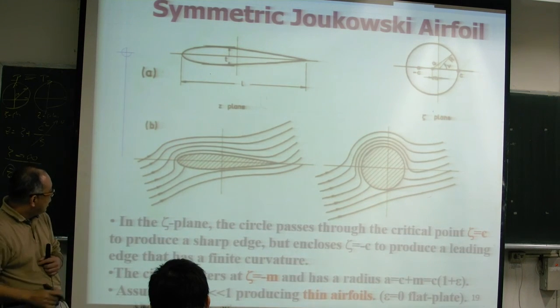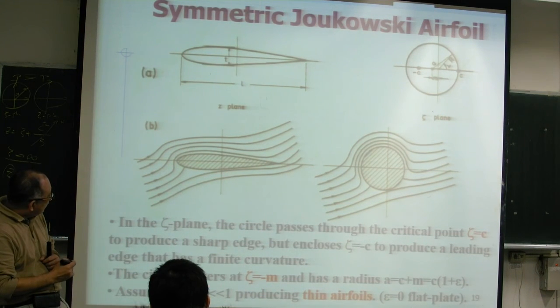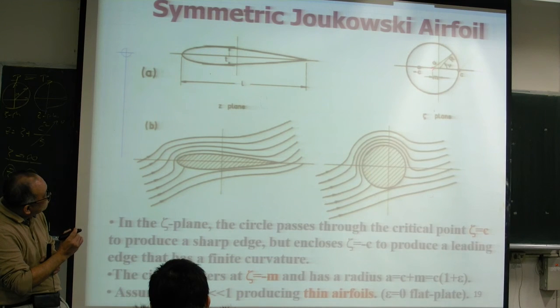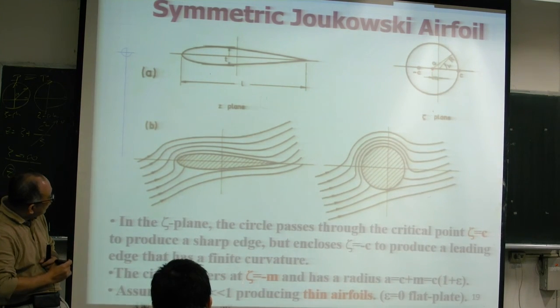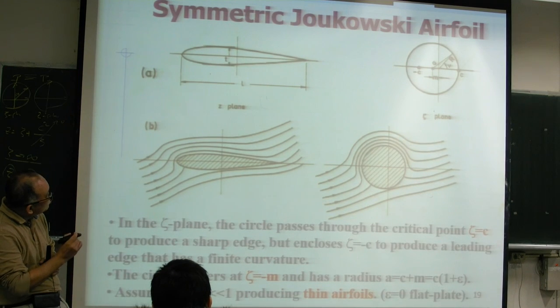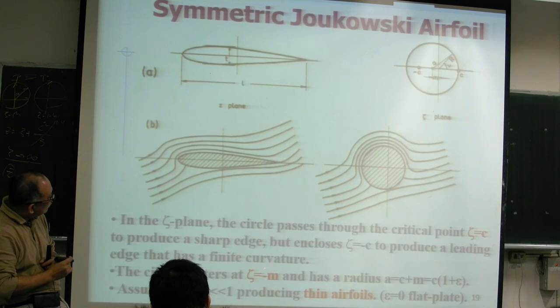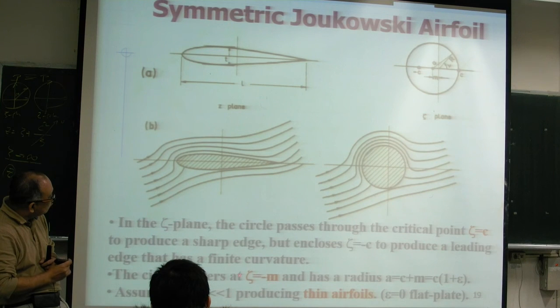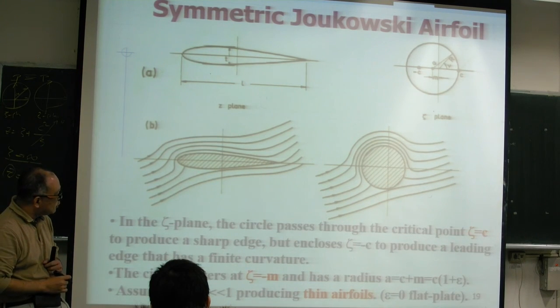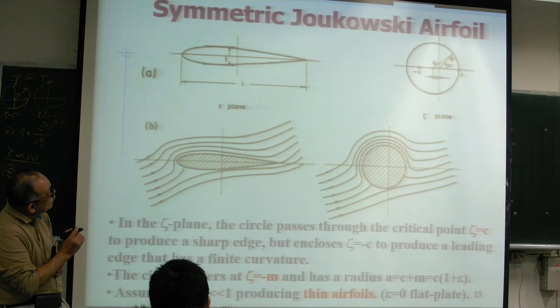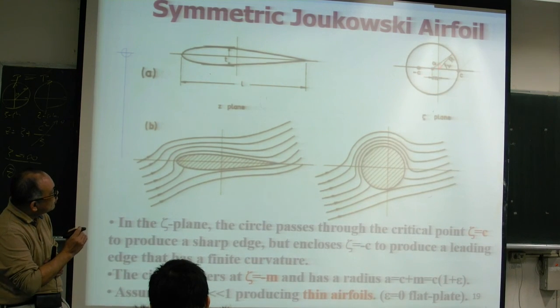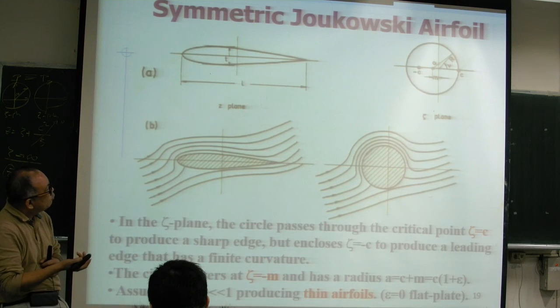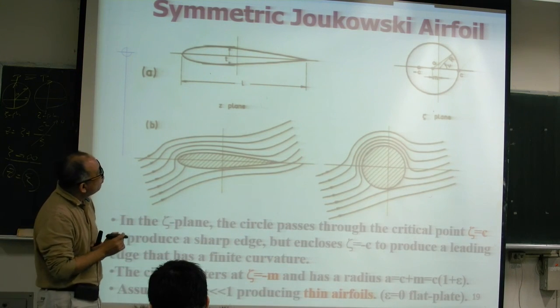So our circle center is where? The circle center is here, at zeta equal to minus m, because this distance is m here. Minus m is the coordinate of the center of the circle. And the radius is a, right? The radius a can be written in two ways.